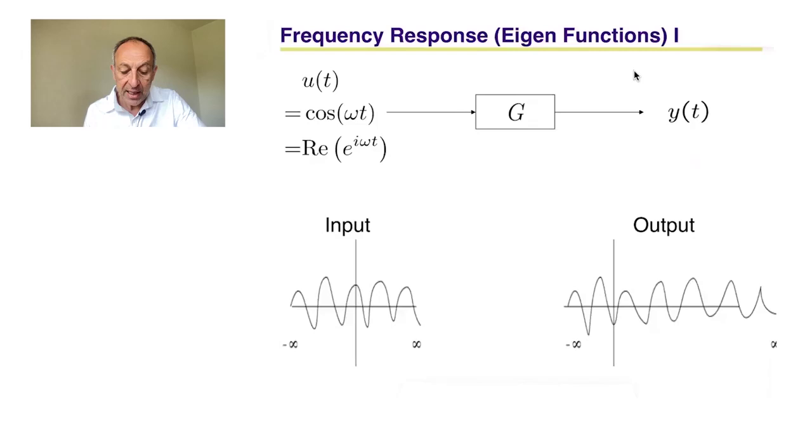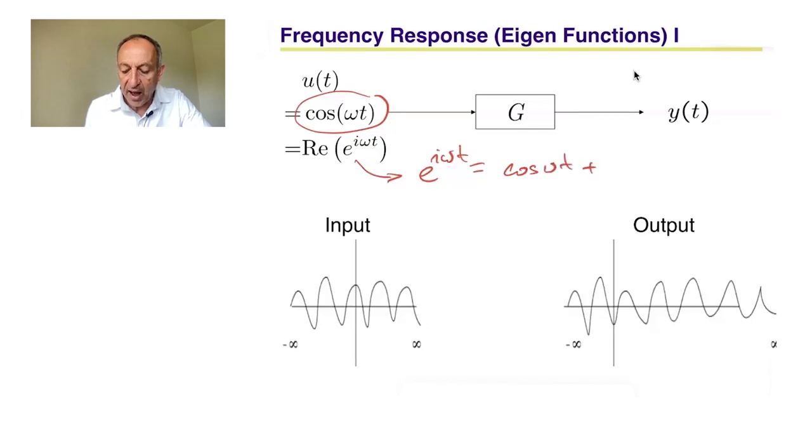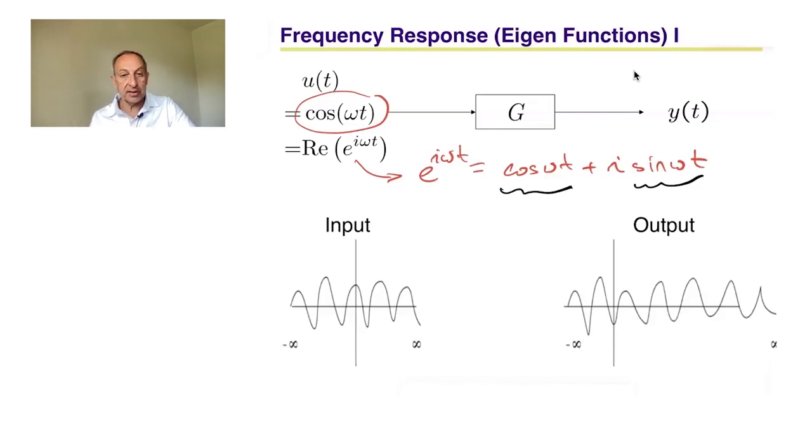I'm going to do the computation for an input that looks like cosine omega naught t. And by the way, a cosine can be viewed as the real part of e to the I omega t. Remember, e to the I omega t is nothing but cosine omega t plus I sine omega t. It's a complex quantity that has this particular real part and this particular imaginary part.